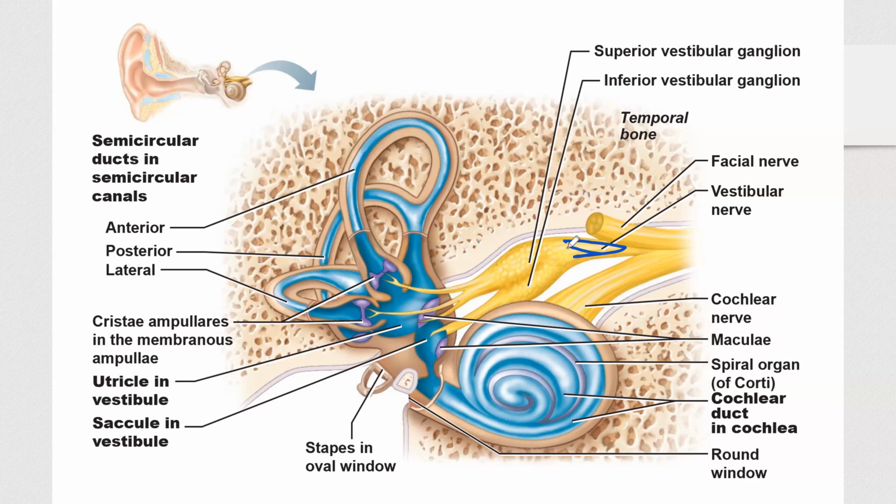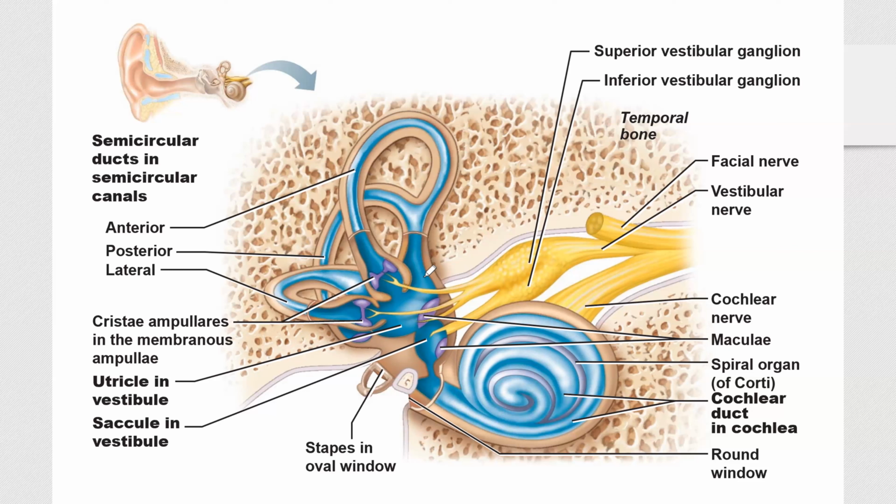So we have the vestibular nerve over here and the cochlear nerve. Then the fibers come together forming the vestibulocochlear nerve, or nerve number 8. Counting 5, 6, 7, 8, that's cranial nerve number 8. You see the facial nerve over here, but it's not really relevant to this structure.